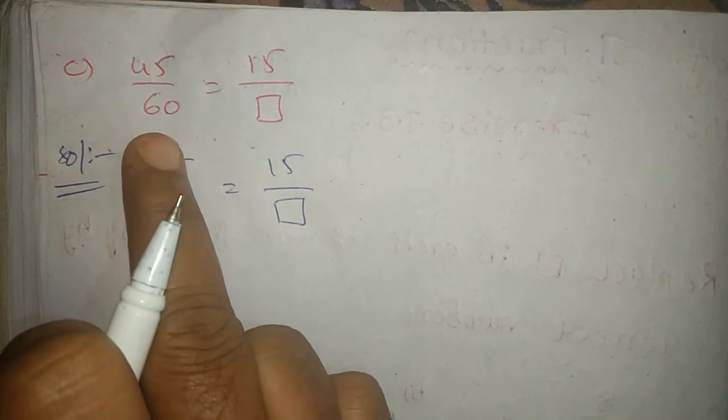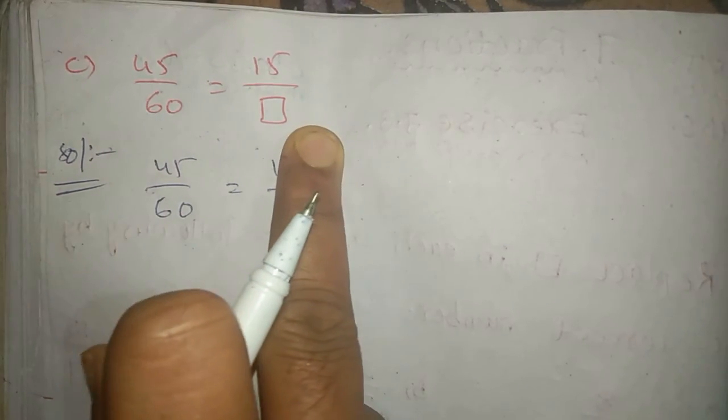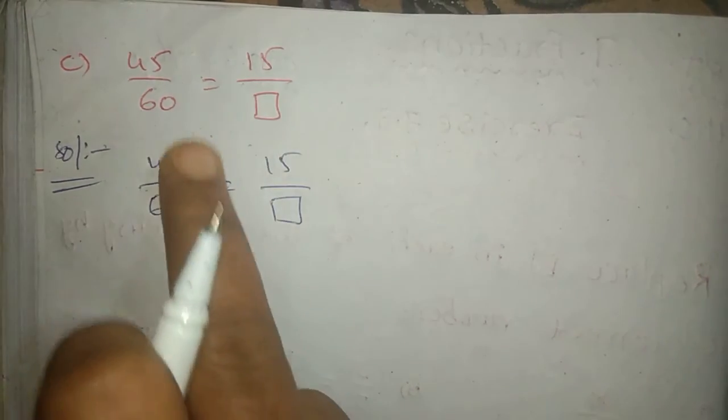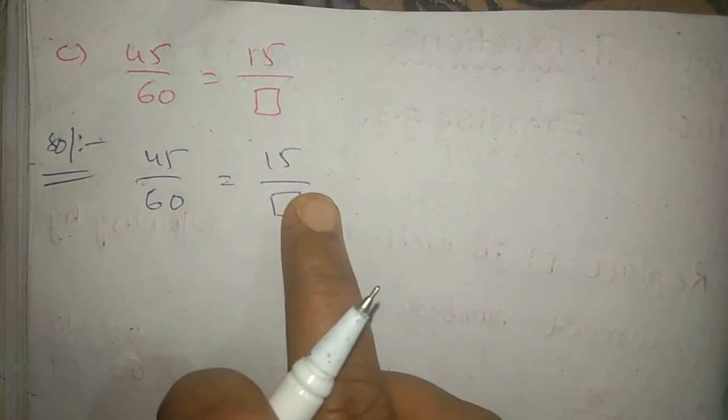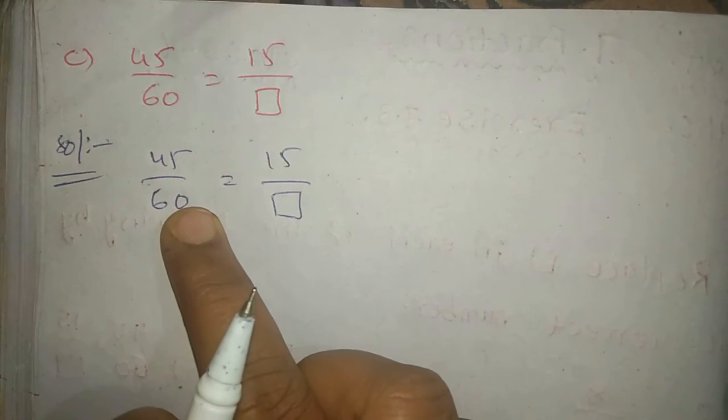Now let us see problem C, that is 45 by 60 is equal to 15 by empty box. These fractions are equivalent. So how do we get the equivalent fraction of a given fraction? Either we can multiply both numerator and denominator by the same number, or we can divide both numerator and denominator by the same number.